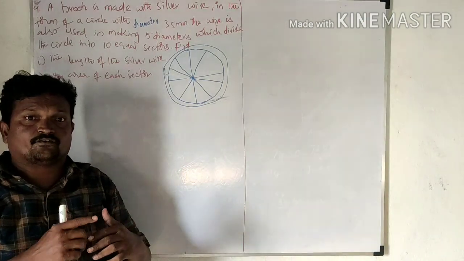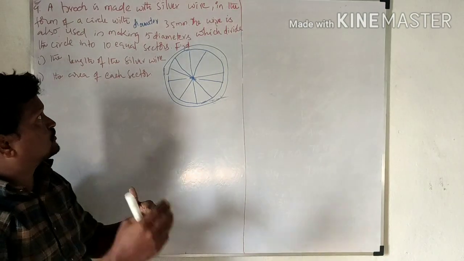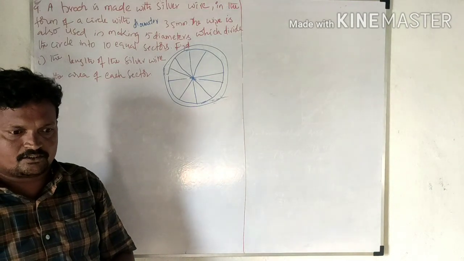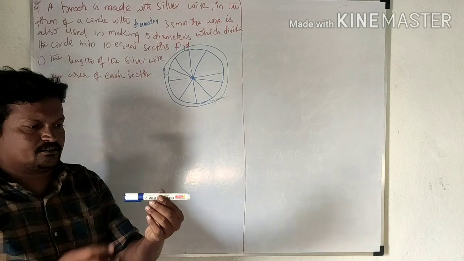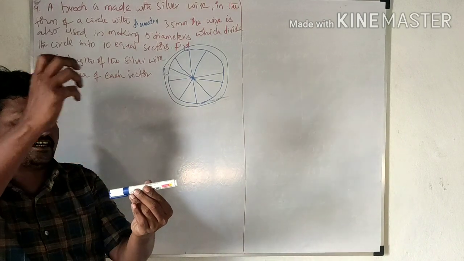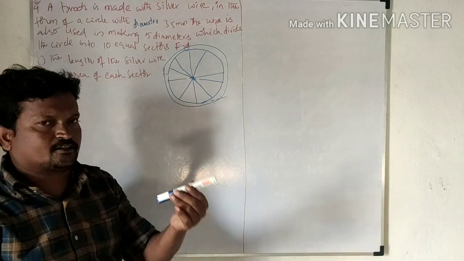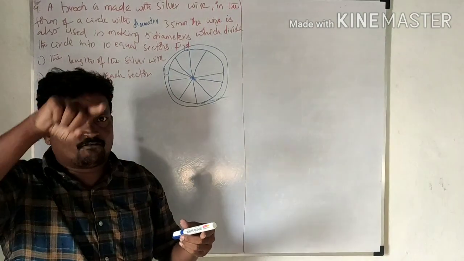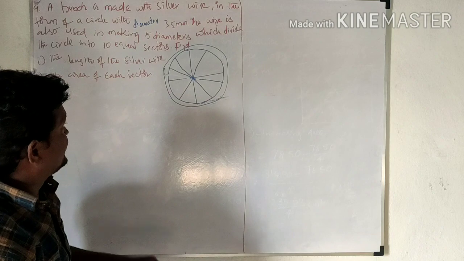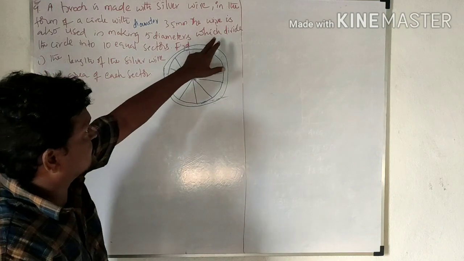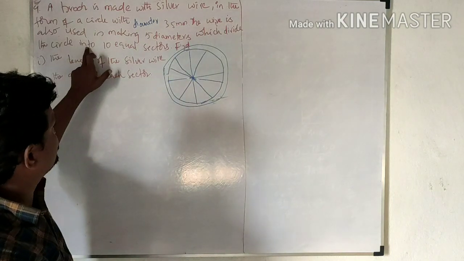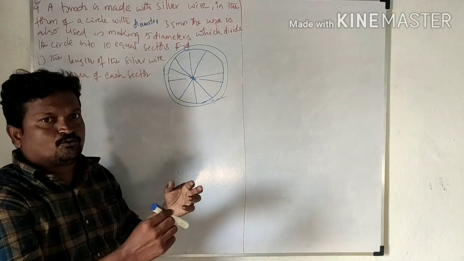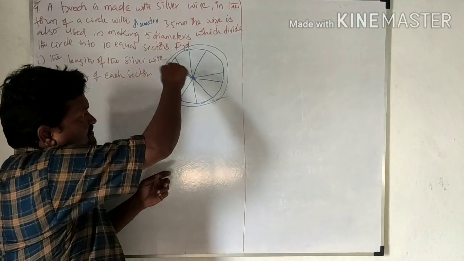They are taking wire equal to 5 diameters, like this one wire is 35 mm, and they make it in the shape of a circle. And also it is divided into 10 equal sectors. After this, the circle-shaped brooch is divided into 10 sectors.